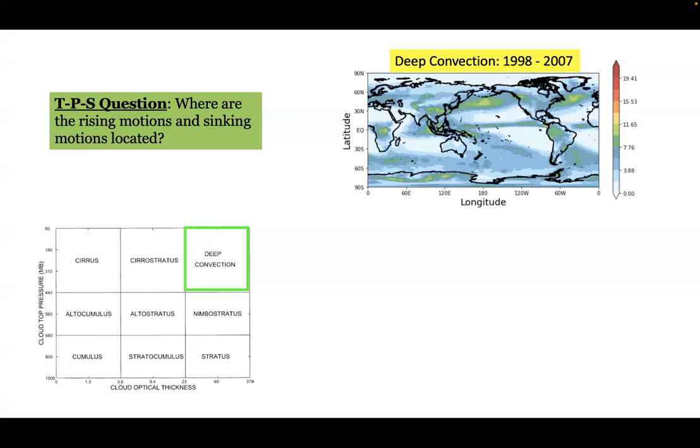In the Hadley cell, air rises near the equator and sinks in the subtropics, north and south. So that explains this narrow band here and sinking motion outside, right? That's very good. Just from the distribution of clouds, you can already infer something about the circulation in the tropics, low latitudes.